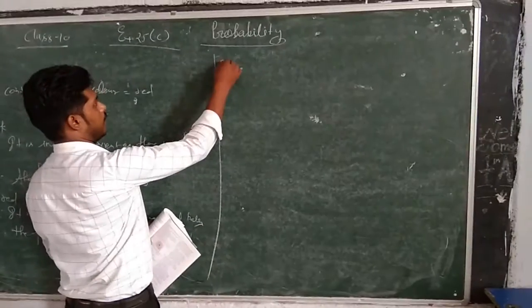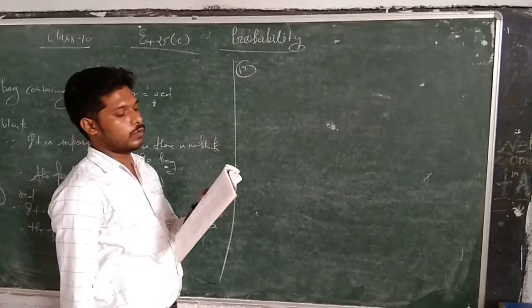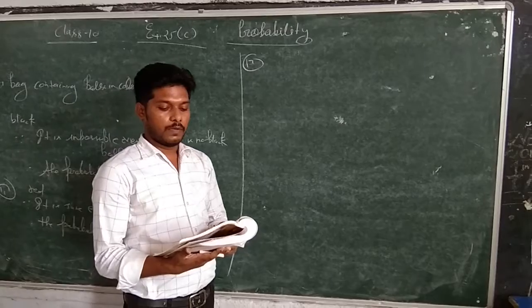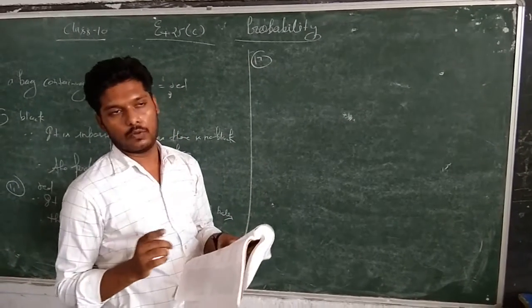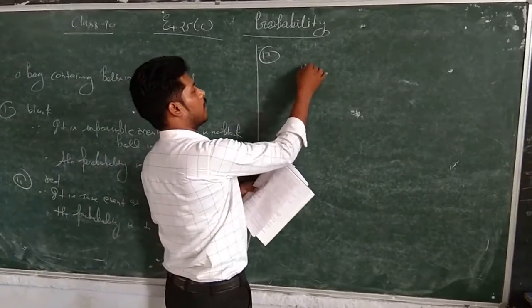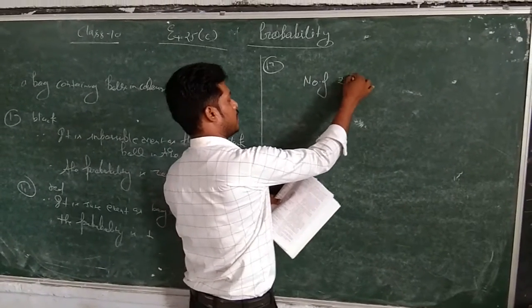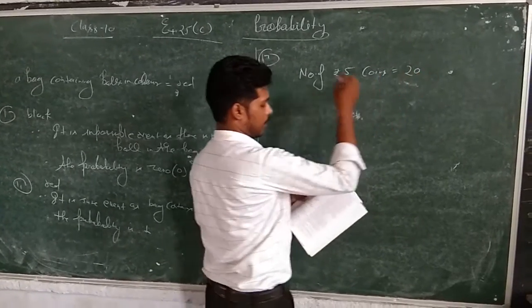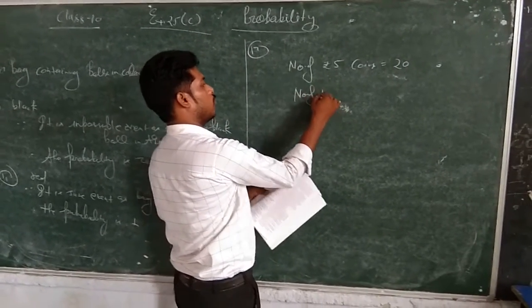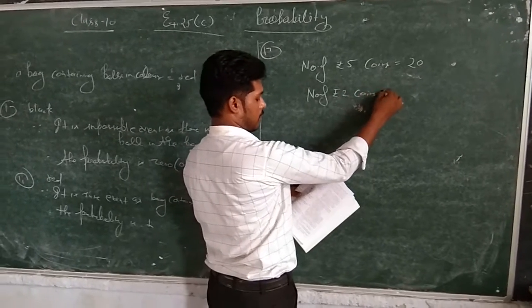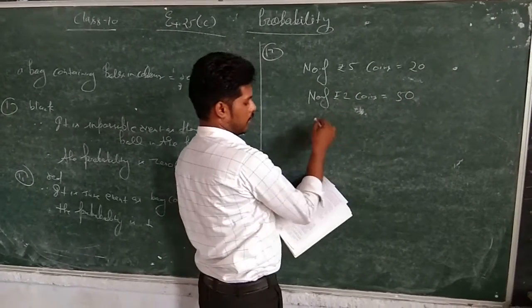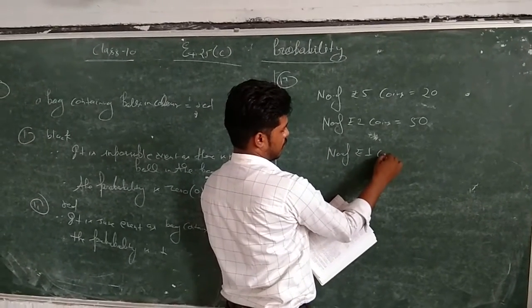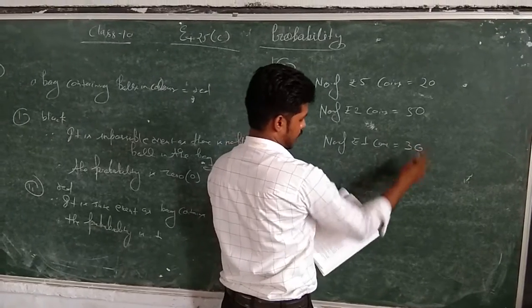Now question number 17. What is question number 17? A bag contains 20 rupees 5 coins, 50 rupees 2 coins and 30 rupees 1 coins. It means the number of rupees 5 coins is 20, the number of rupees 2 coins is 50, and the number of rupees 1 coins is 30.